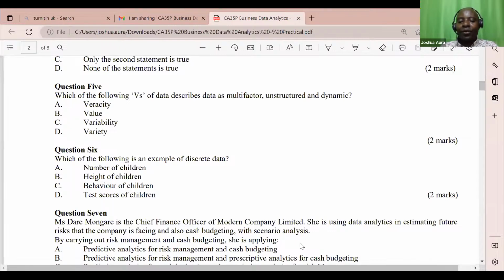Great. And you can see most of them are getting it. Now, you see, the Mari here is saying, Mwalimu, this paper was too hard.